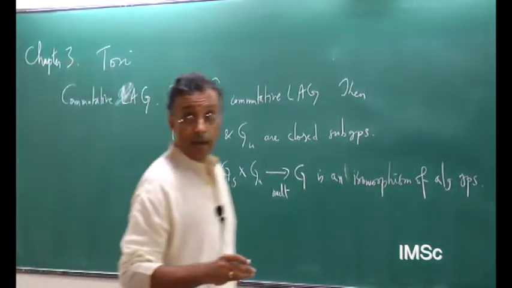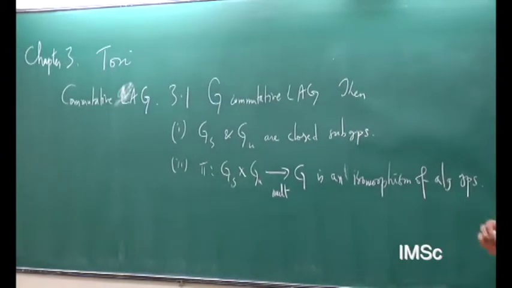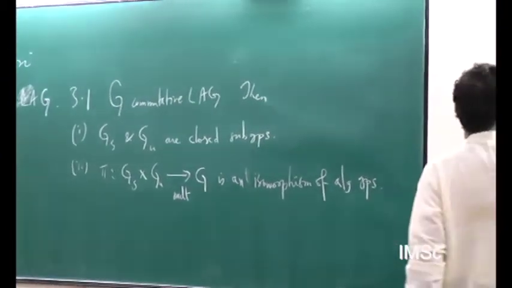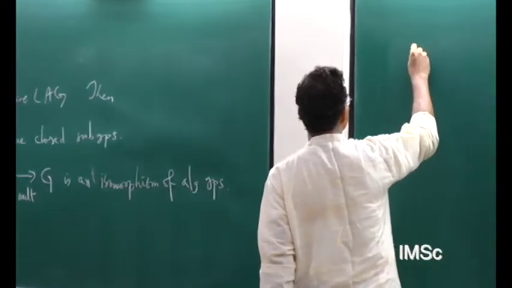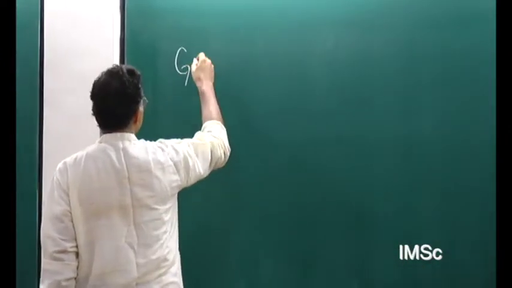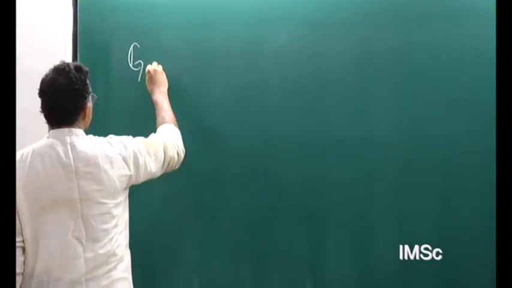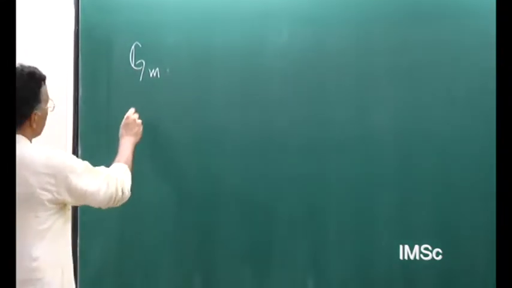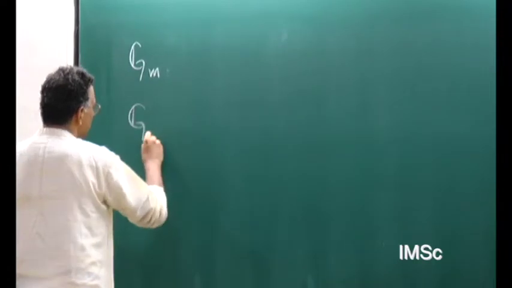Okay, so here is an example that is relevant to algebraic groups. Let us take G to be... okay, so let me define GM if I have not defined so far. There are two very special linear algebraic groups denoted GM and GA.